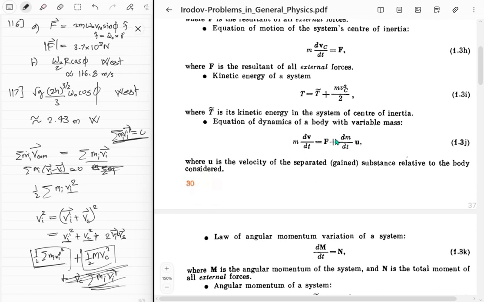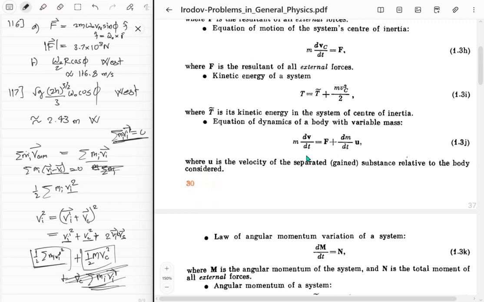Okay, so it's a body with variable mass, but shouldn't it just be f is equal to m... Okay, I'm understanding what is going on. u is the velocity of the separated substance related to the body constraint. So u is like negative of the... I think it's not negative v vector. No, that can't be. But you really have force is just m dv upon dt minus d upon dt times u. But that's not how it should be.